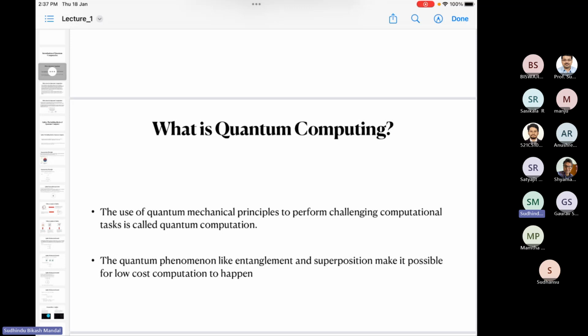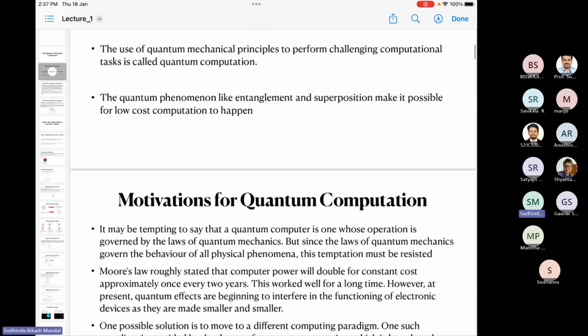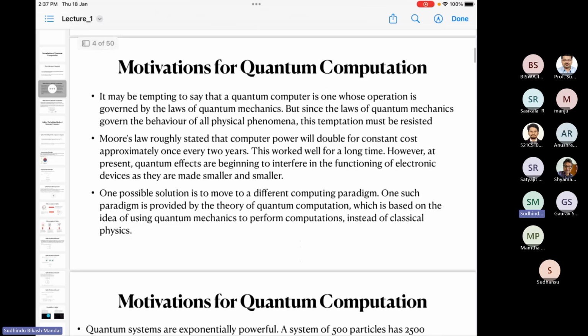You have already learned the advantages, so I am not describing the motivation. I think all of you have been motivated by Professor Amlan Chakraborty and other speakers about the need for quantum computation in the present scenario and how to solve hard problems.